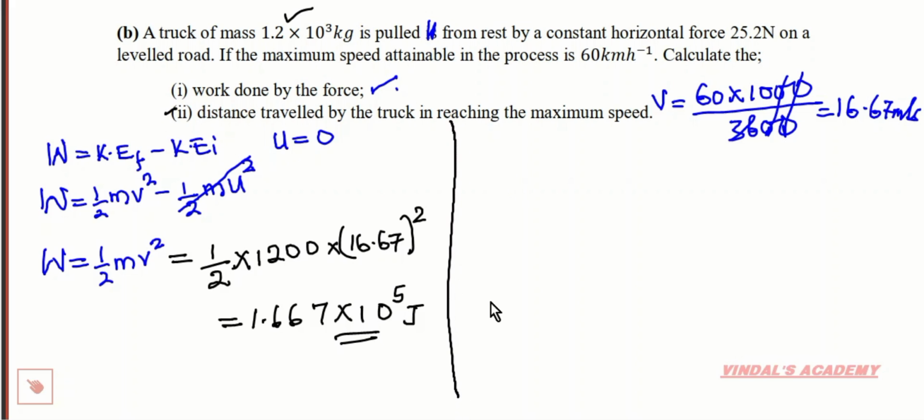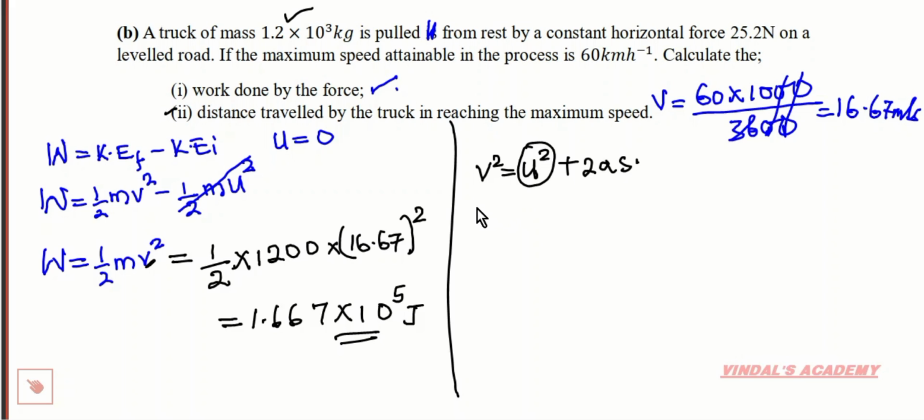Okay. BII, I'm solving it here. It says distance traveled by the truck in reaching the maximum speed. Remember that v squared in that equation is the same as in the constant acceleration formula, v squared equals u squared plus 2as. Remember, u is already 0.